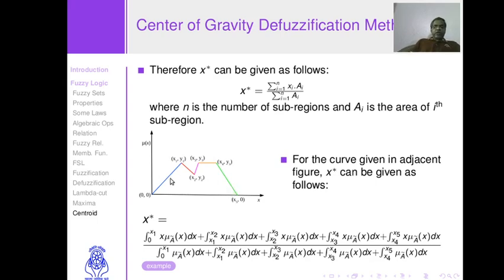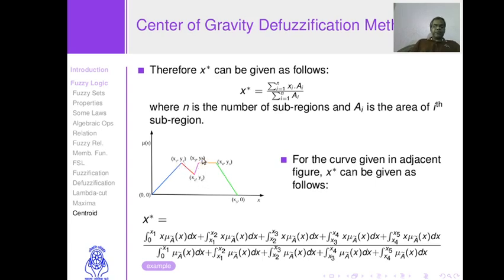So we divide the entire curve into sub-regions. Here these are the endpoints of the segments of the curve. For the blue segment the endpoints are (0, 0) and (x1, y1). For the red segment the endpoints are (x1, y1) and (x2, y2).